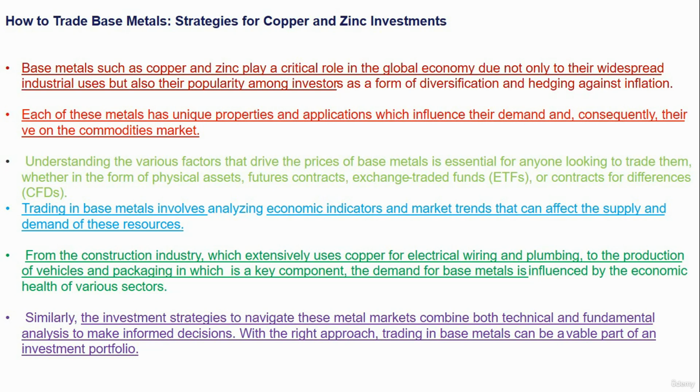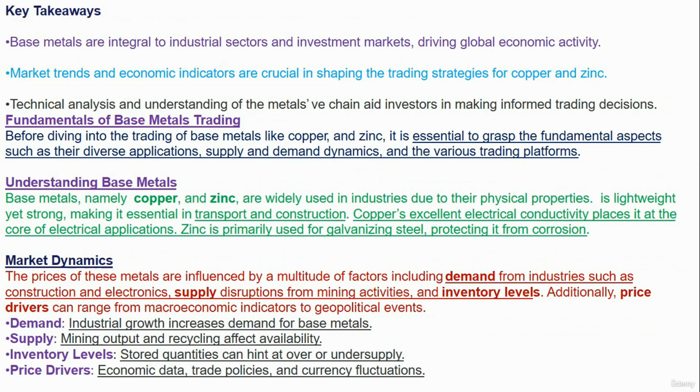So investment strategies navigate this metal to combine both technical and fundamental, so a trader can take decisions based on his investment portfolio. So there are a few major things which a trader has to understand.